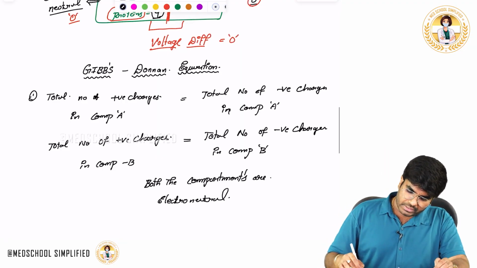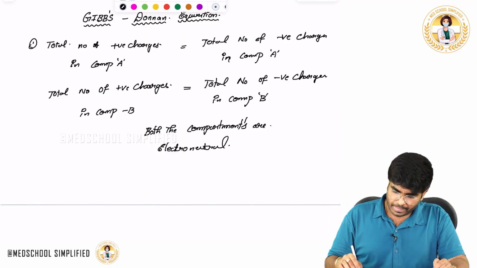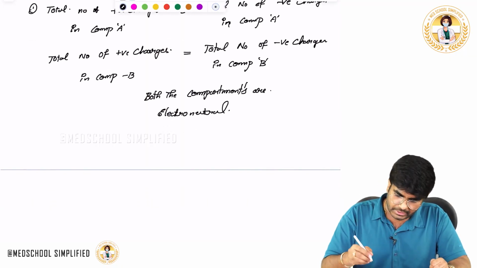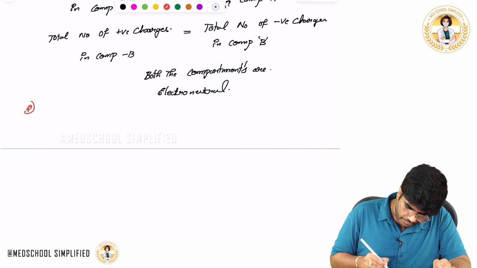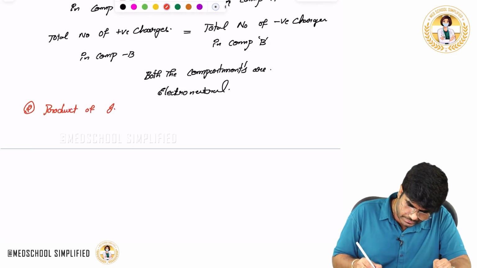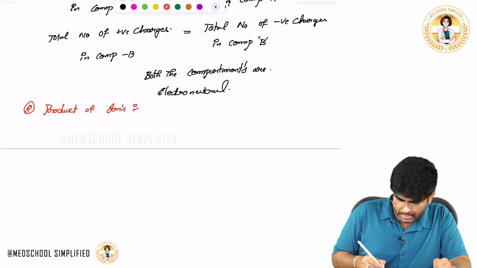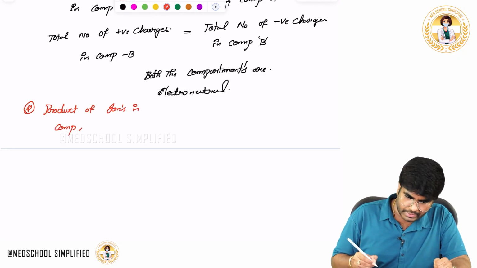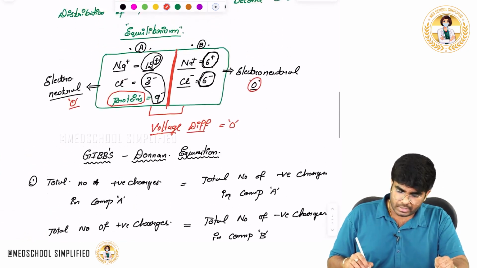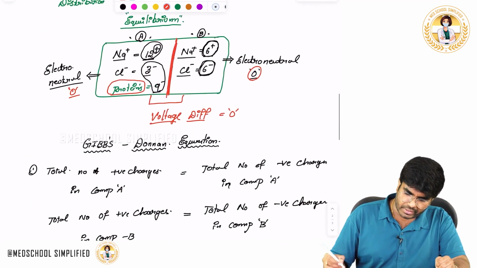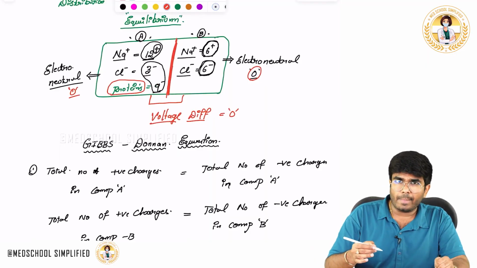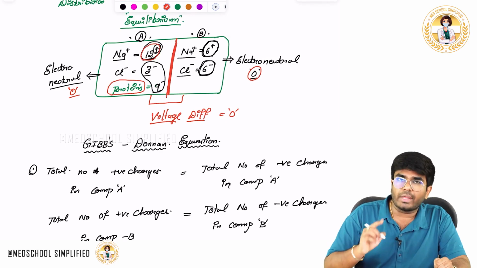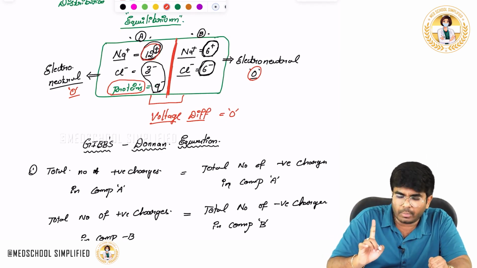Now, what else is given by the Gibbs-Donnan equation? The product of ions in compartment A. For example, how many ions are there? 12. I am talking only about the permeable ions, not the proteins.